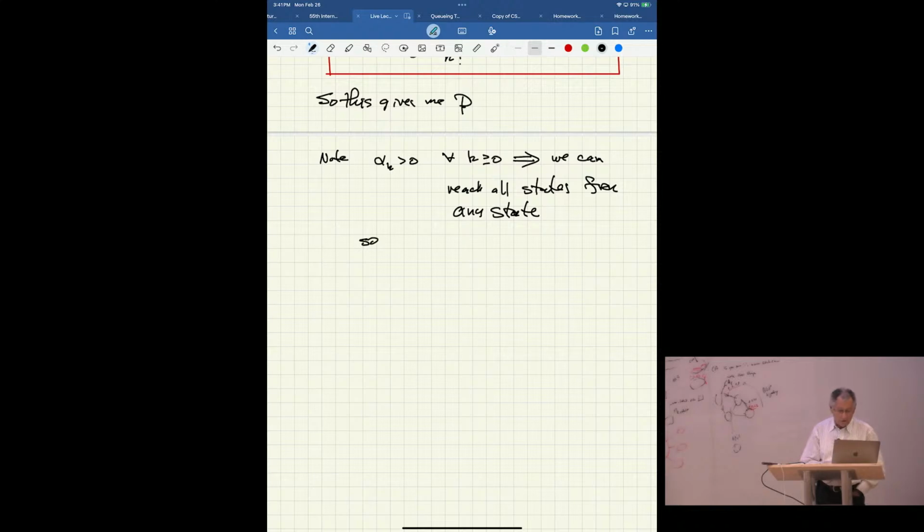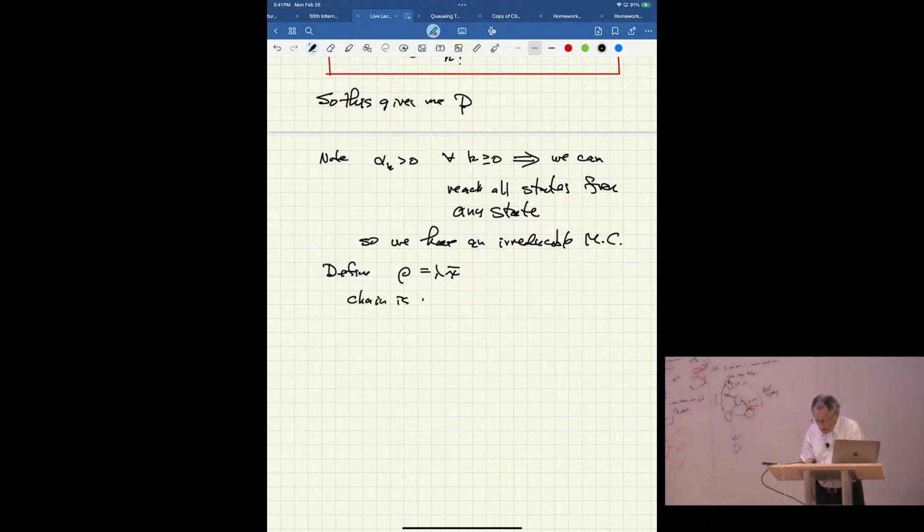So we have an irreducible Markov chain. And of course, I'm going to define our good friend rho equals lambda x bar, some of the input parameters. And the chain is ergodic from what I just said if rho is less than 1. It doesn't blow up. And I'm going to assume rho is less than 1 in what follows.